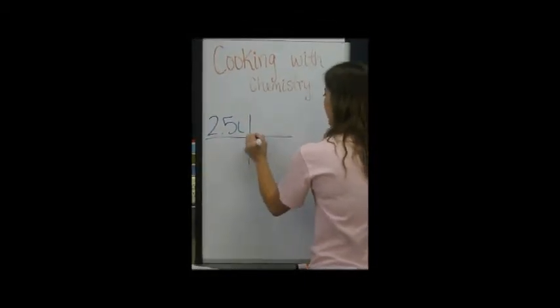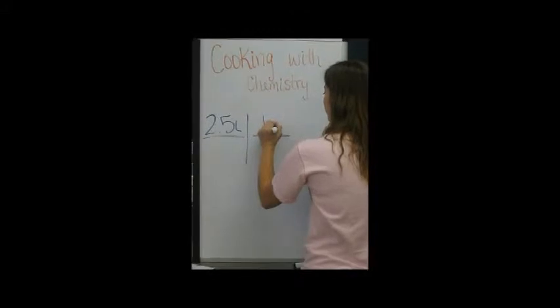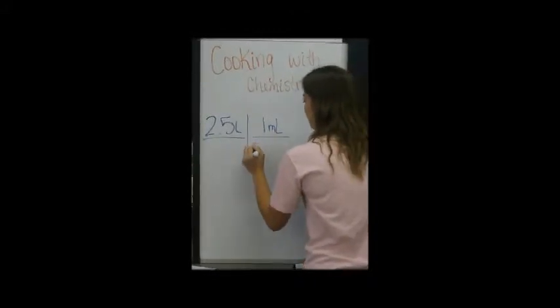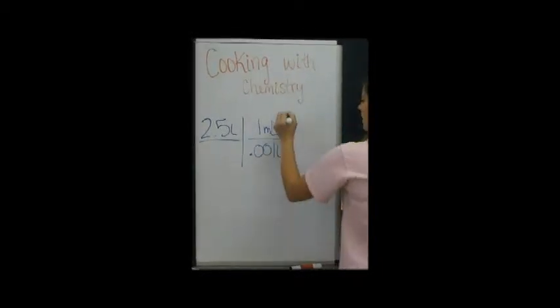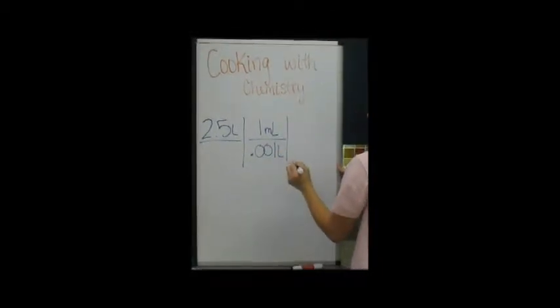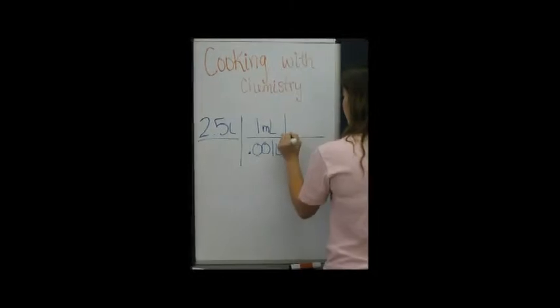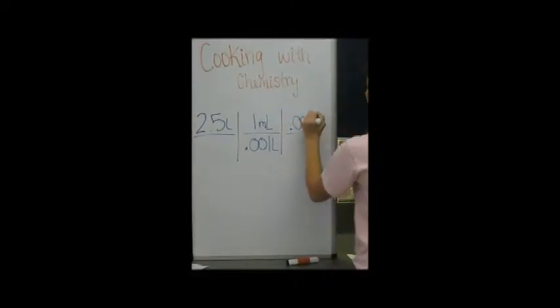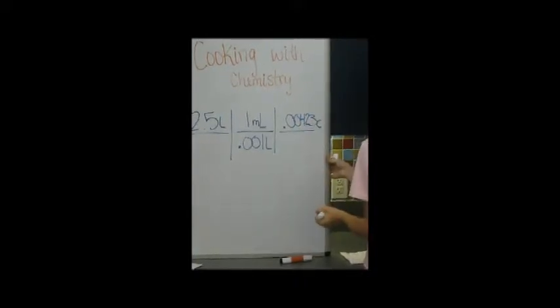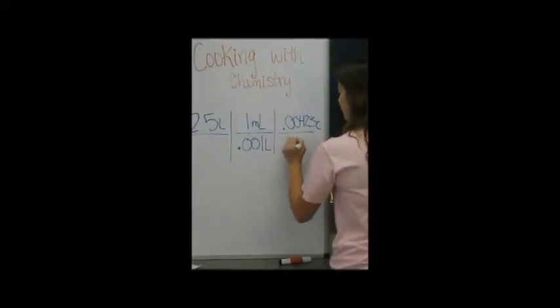So you're going to say 1 milliliter is equal to 0.001 liters, and then to turn milliliters into cups, you're going to say that 0.00423 cups is equal to 1 milliliter.